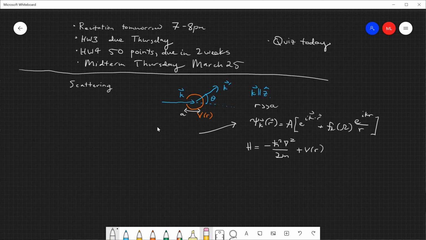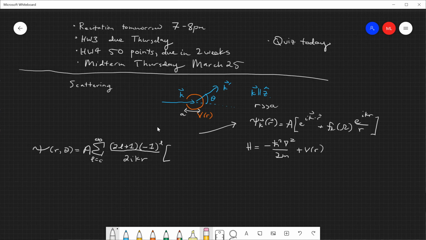can be expanded as follows, where psi of r, theta, which again is for that cylindrical symmetry, there's that constant out front. Then there's a sum over angular momentum modes. This is the partial wave expansion, 2l plus 1, minus 1 to the l over 2ikr.